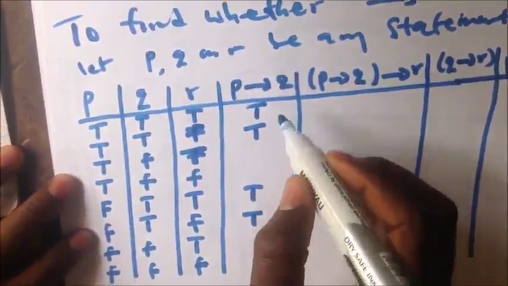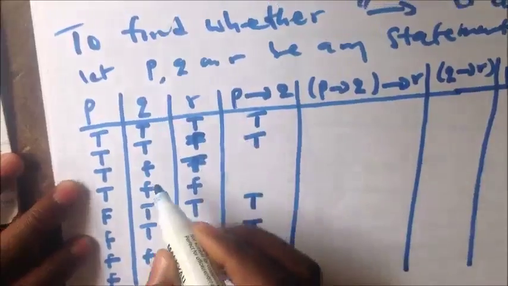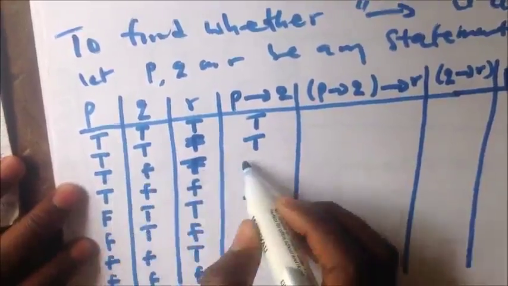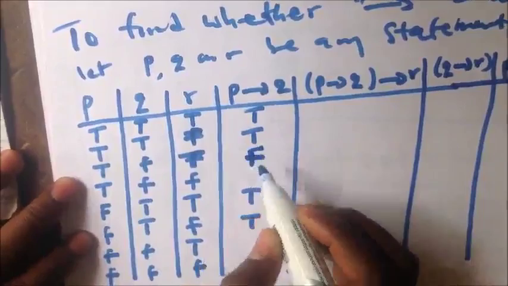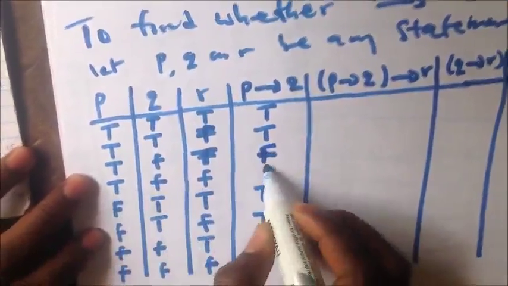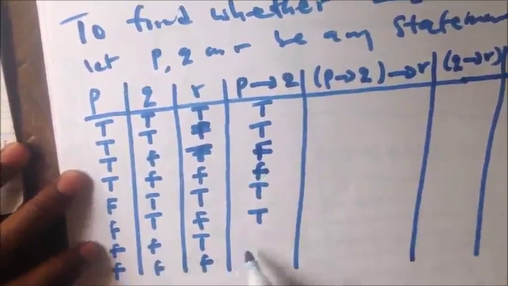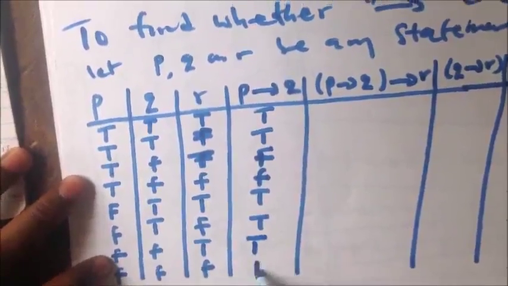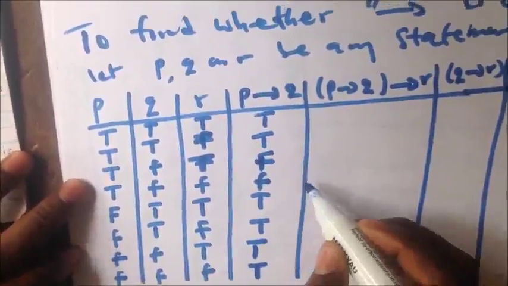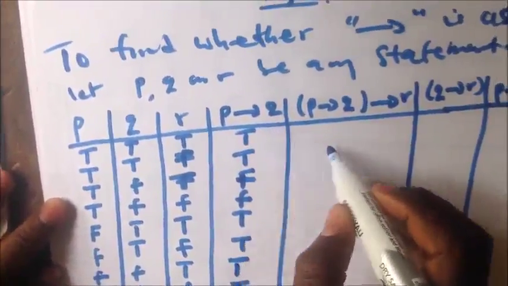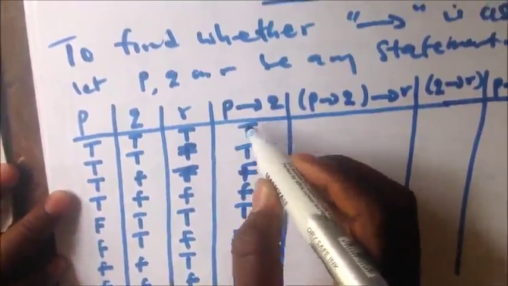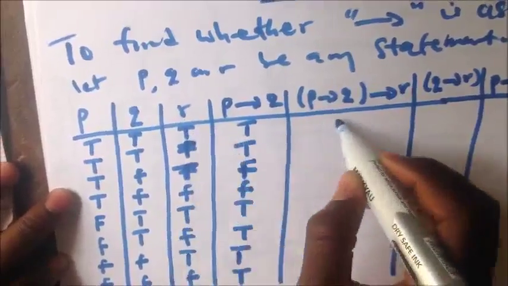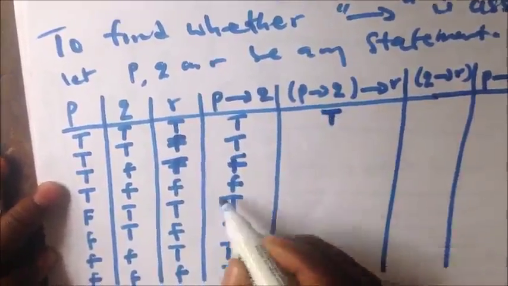Now the second condition: if both are false, it is true. True implies false is false. False implies false is true. That's in the case of P implies Q.